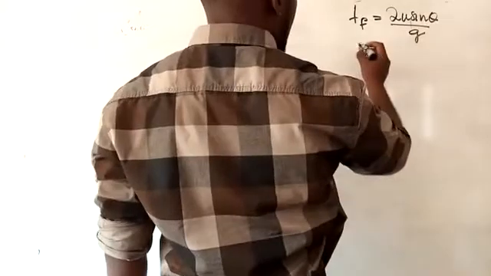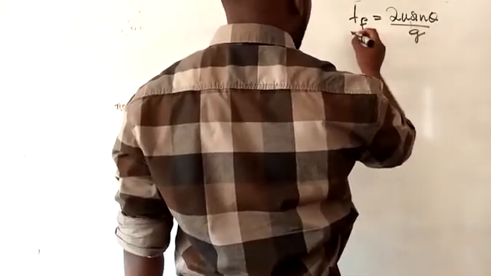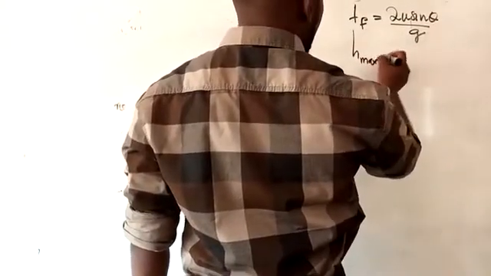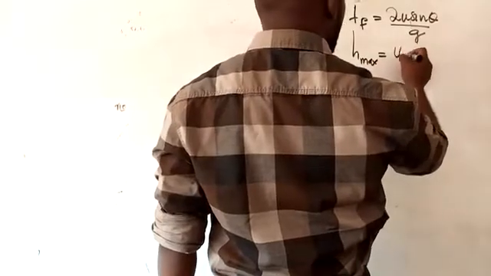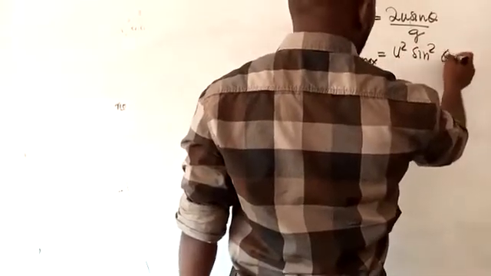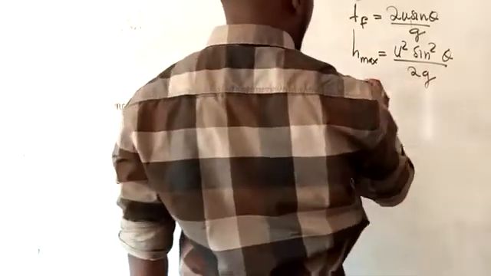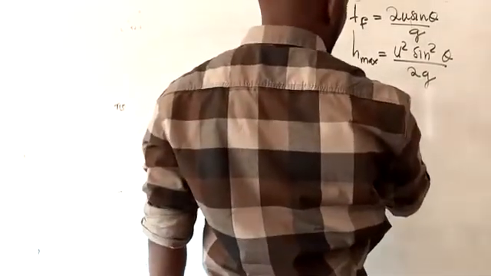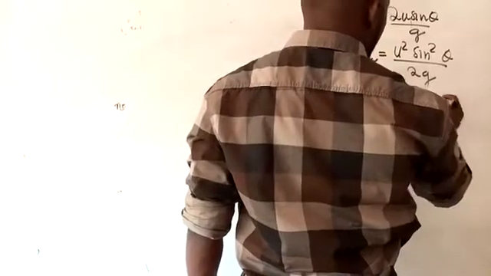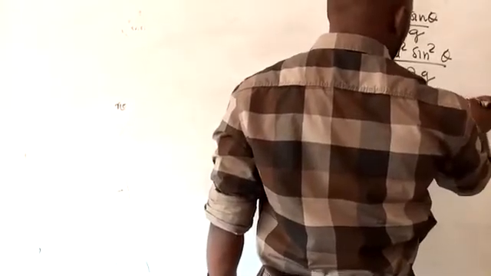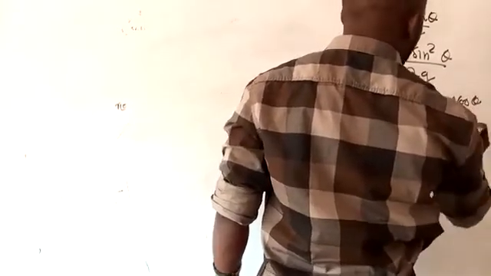We also have maximum height, h max, which is u squared sine squared theta over 2g. Then we also have range, which is 2u squared sine theta cos theta over g.